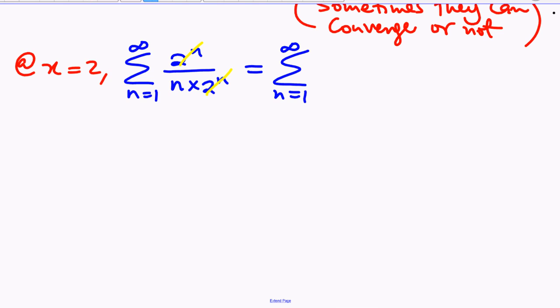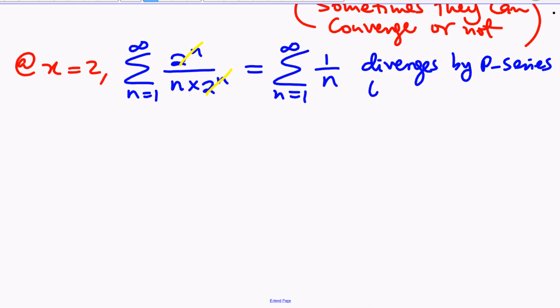So this simplifies to 1 over n, which diverges by the p-series test. And so x equals 2 is not inclusive in that interval of convergence.